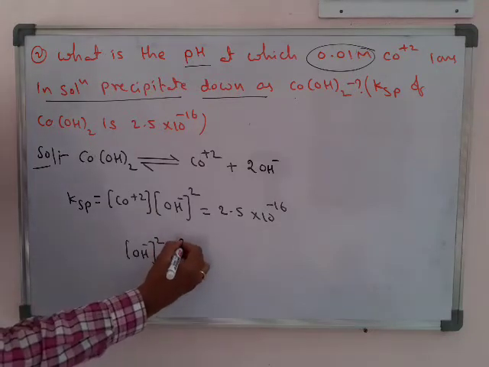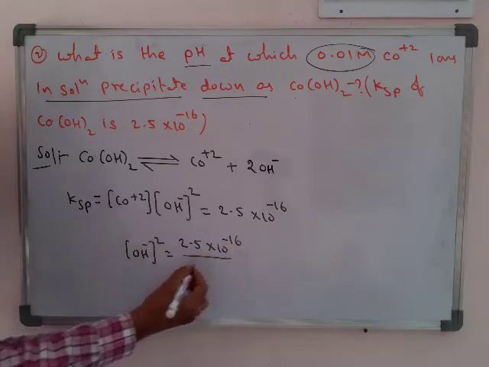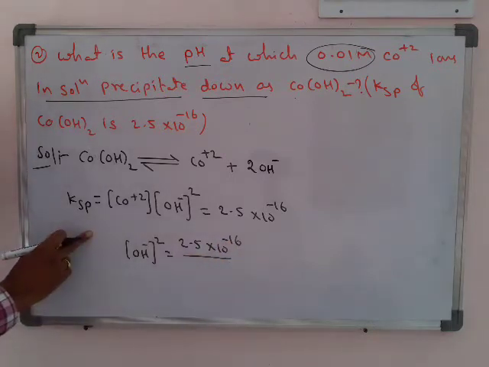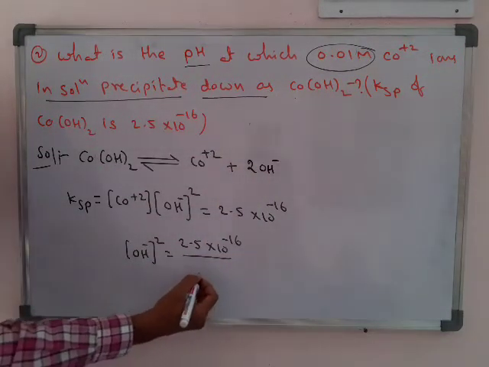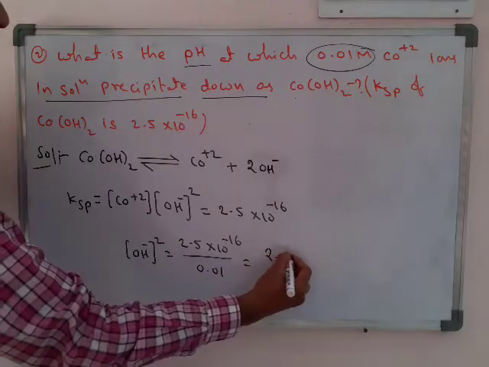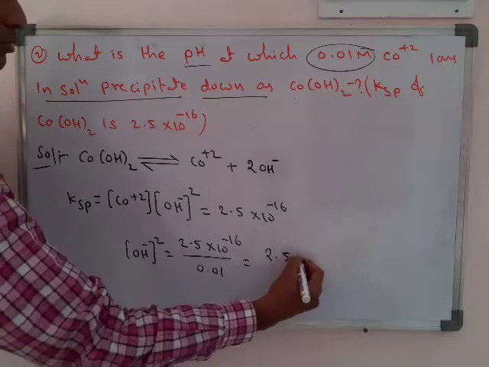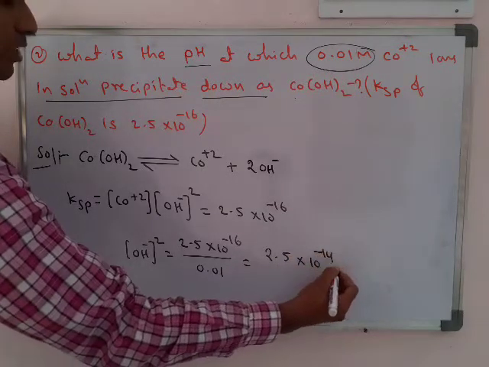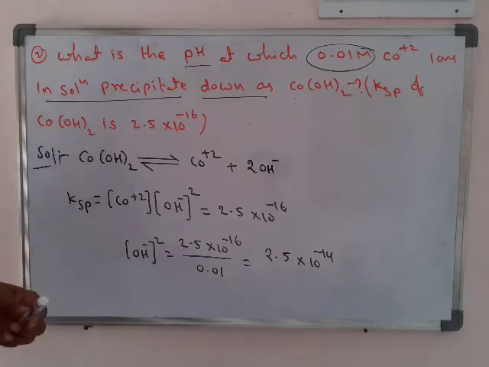What will be the cobalt concentration in it? Cobalt concentration is given as 0.01. So it's approximately 2.5 into 10 power minus 2 plus 2, 10 power minus 14.